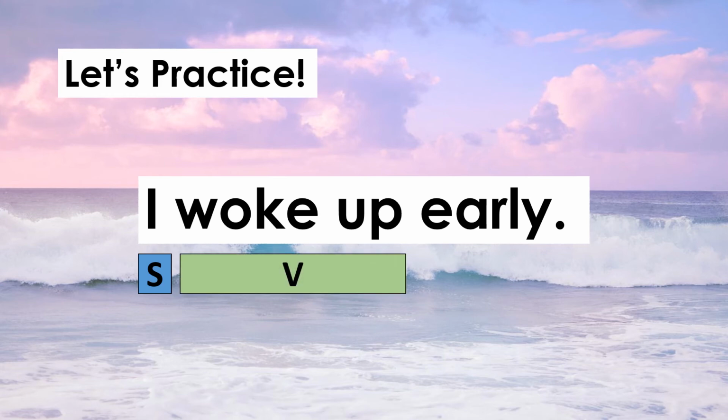Do we have any direct object or receiver of the action in the sentence? None. Very good. So, I is the subject and then woke up is the verb. So here, what is the pattern of the sentence? Very good. SV pattern.